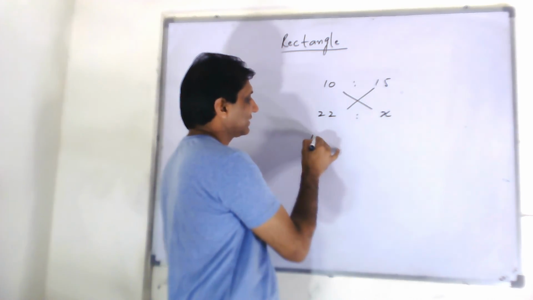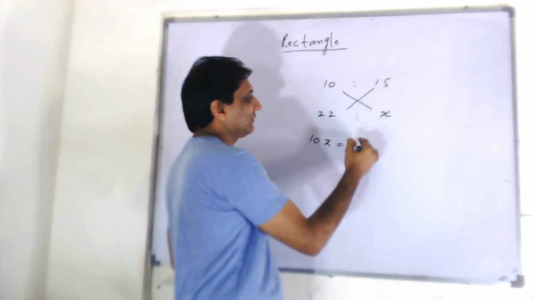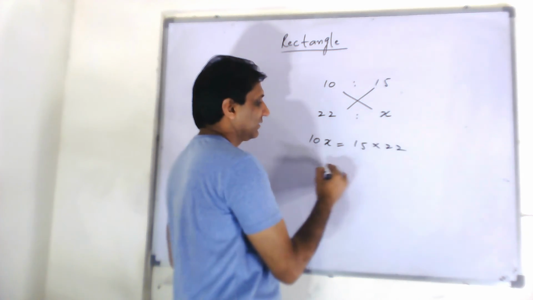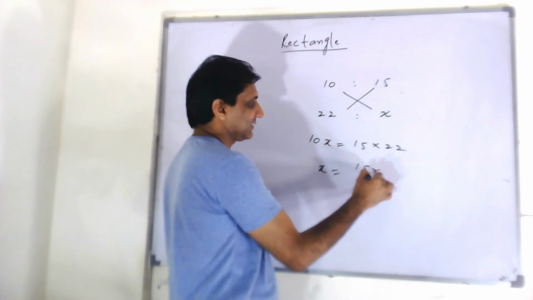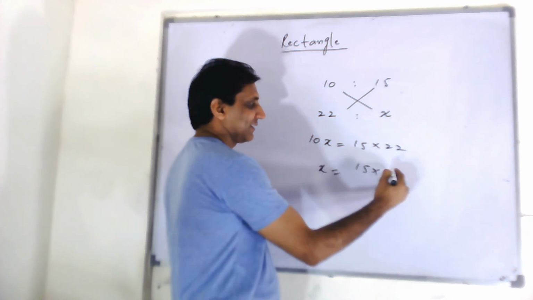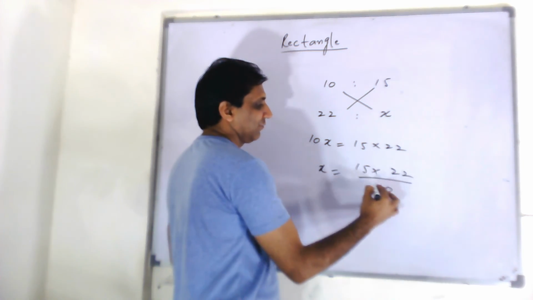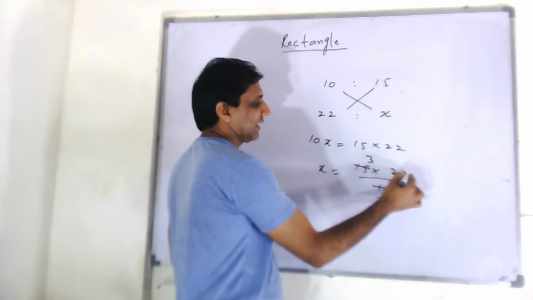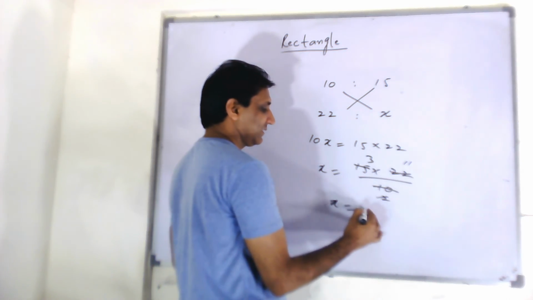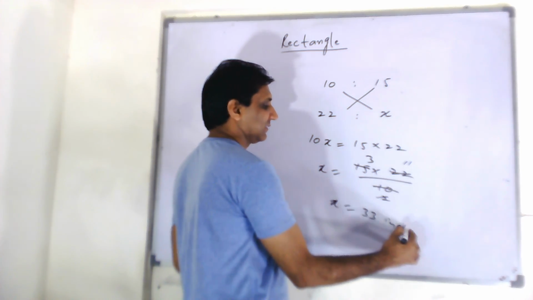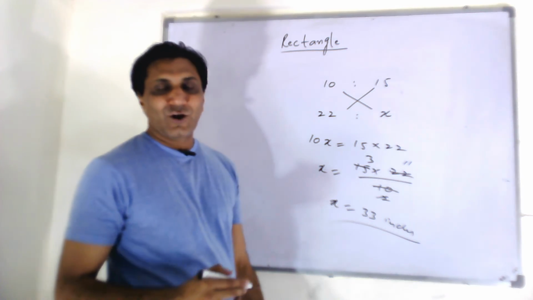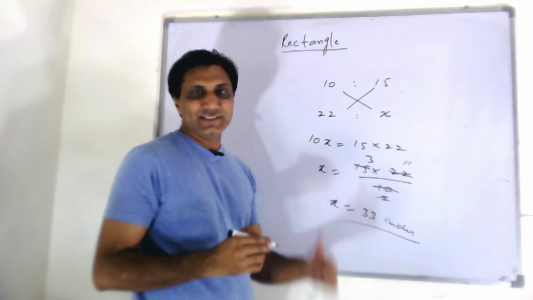So 10x is equal to 15 times 22. So x, that is the longer side, is 5 times 3, 2 times 11, that is 33 inches. So the enlarged picture will be 22 by 33.